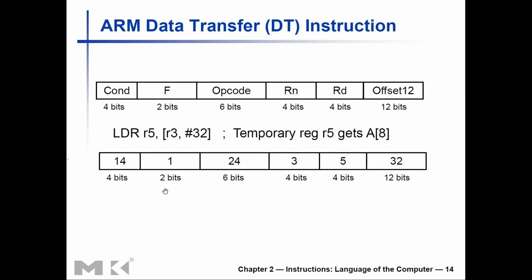The format is different: earlier we used 0 for data processing instructions, for data transfer we use 1. The rest, the full opcode here, is 24, and an immediate value is being used, which is also included in this opcode. So now hope you are clear about how you can encode a data transfer instruction, which is basically a memory load or store instruction.